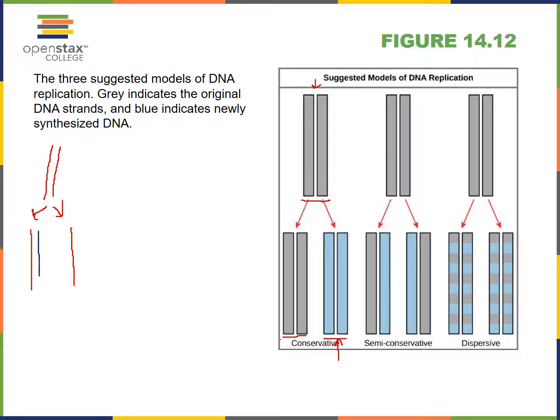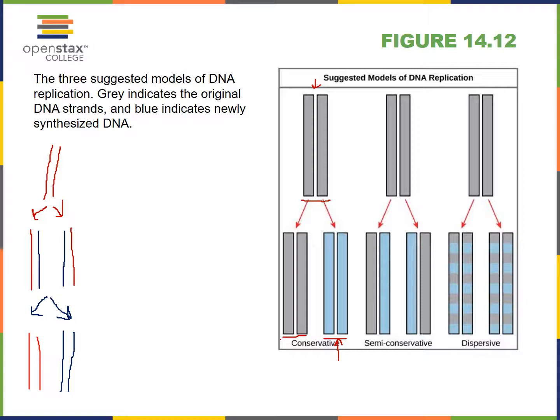And then you would build new DNA using those old strands. But then when they reassembled, they would reassemble this way so that the old strands are together and the new strands are together. That's the conservative model.